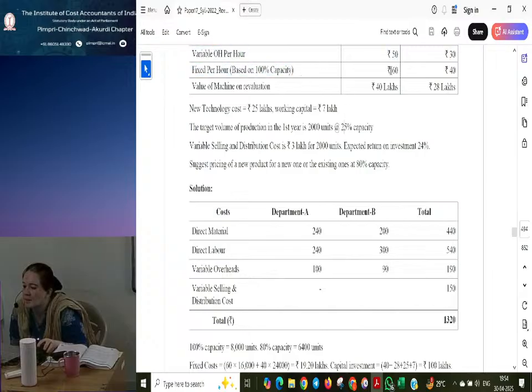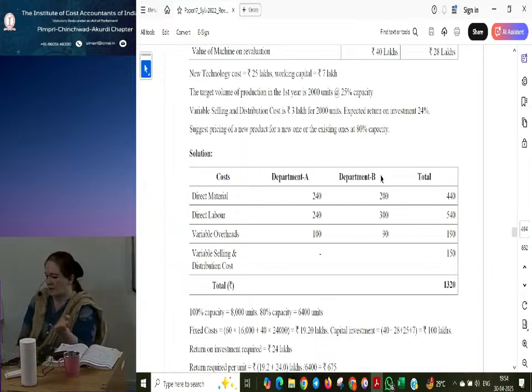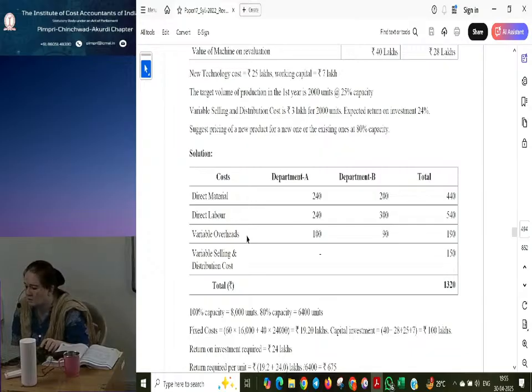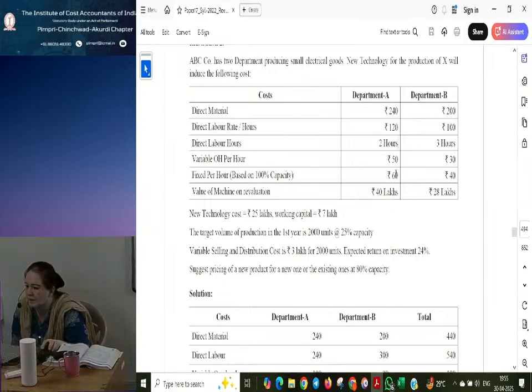You have 2 hours over here and 3 hours over here, so it is per hour. 60 into 2 is 120, and 40 into 3 is 120. 120 plus 120 is 240.